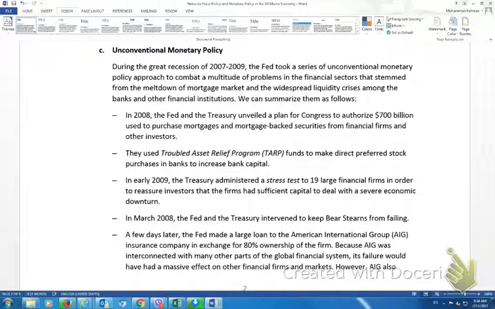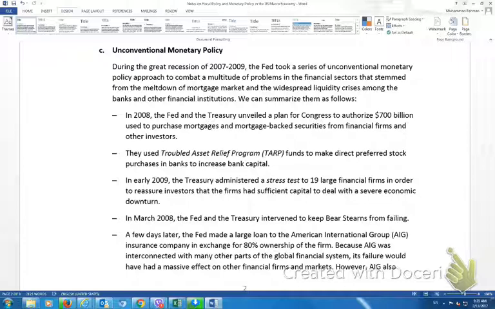So anytime the mortgages were defaulted, the value of those financial instruments basically became zero, or in some cases negative. So with this kind of toxic mortgage-backed securities and the mortgage market collapse by itself, the Fed needed to act.